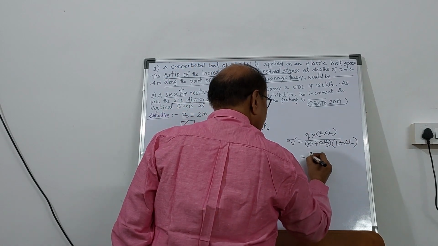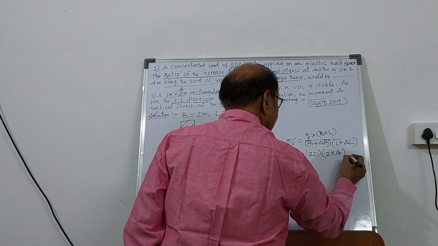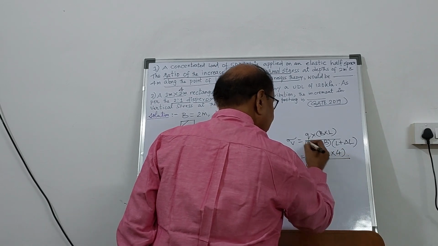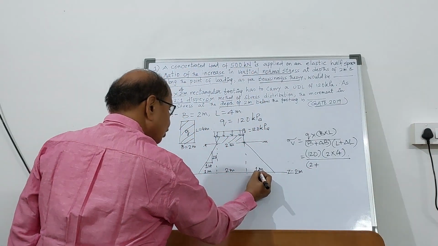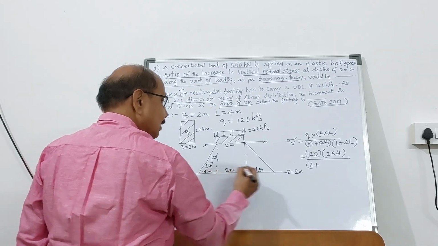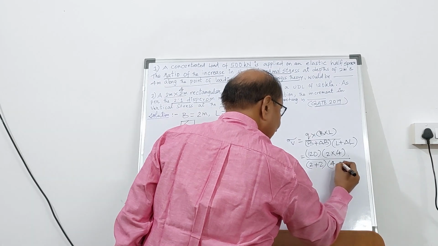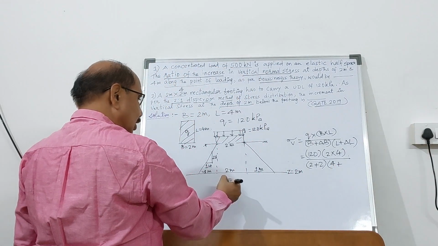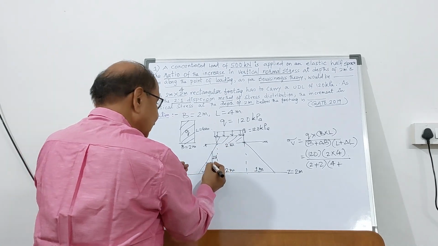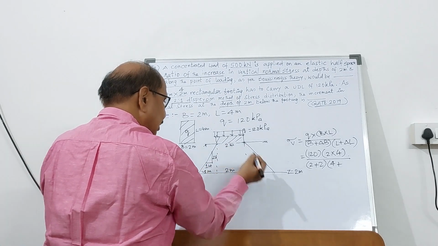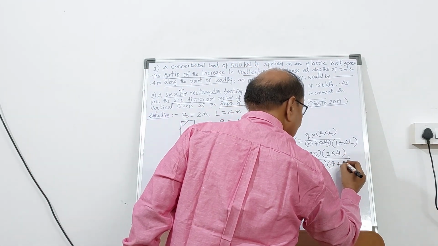So this becomes 120, B is going to be 2 meter, L is going to be 4 meter, and here the B is going to increase, B is 2 meter and delta B is going to be 1 meter here, 1 meter here. So 2 plus 2 equal to 4, L is 4 meter plus, when you are going to 2 meter depth, then 2:1, 1 meter and 1 meter, 2 meter in the length, the delta L will be 2 meter.